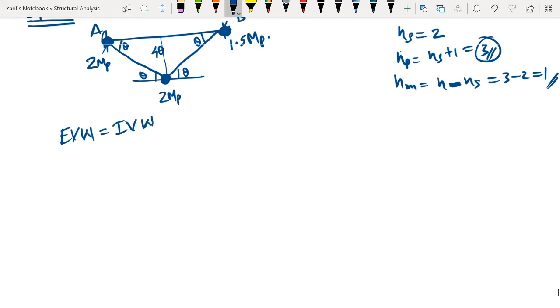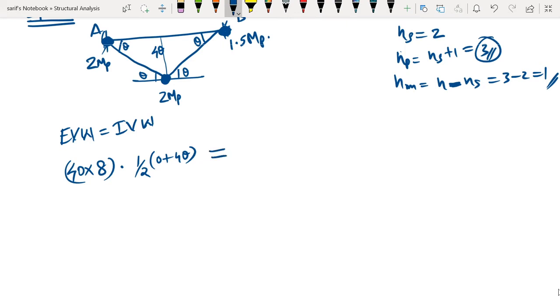If we calculate the external virtual work, the load is a UDL, therefore it is total load into average displacement. Total load is 40 multiplied by 8. This is the total load. The average displacement is half into 0 plus 4 theta. So this is the total external virtual work.